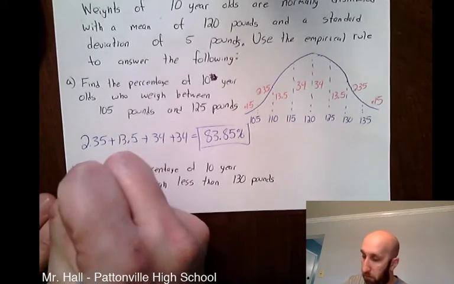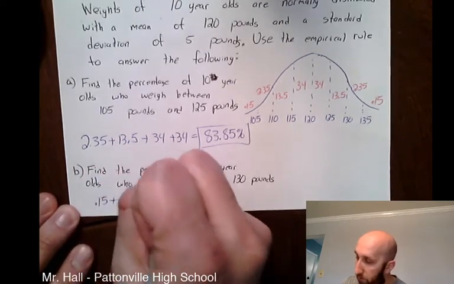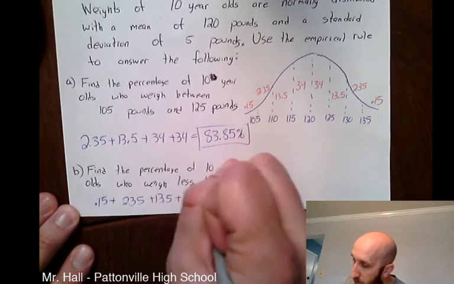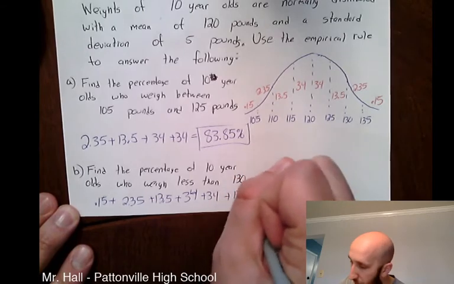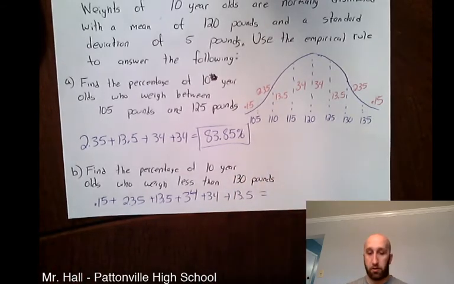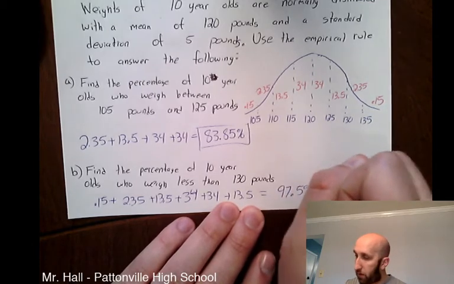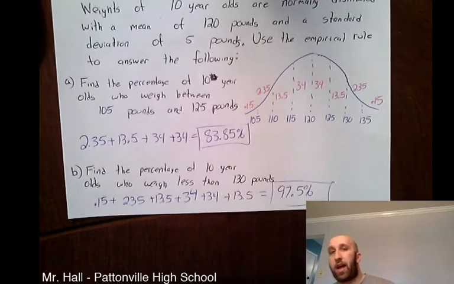So here we go: 0.15 plus 2.35 plus 13.5 plus 34 plus 34 plus 13.5. If you add all those together in a calculator, you're going to get 97.5%. So 97.5% of 10-year-olds should be less than 130 pounds.